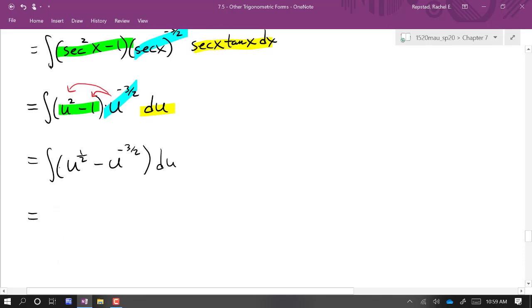So on the first term, we get u to the 3 halves times 2/3, and then for u to the negative 3 halves, if I apply the power rule, that'll be a u to the negative 1 half times a negative 2, plus a constant.